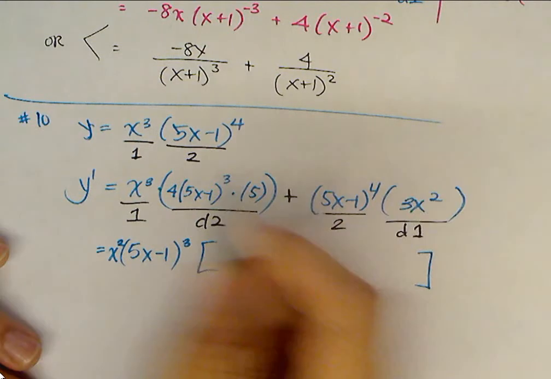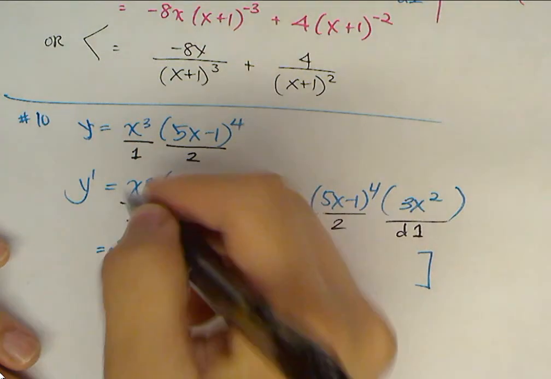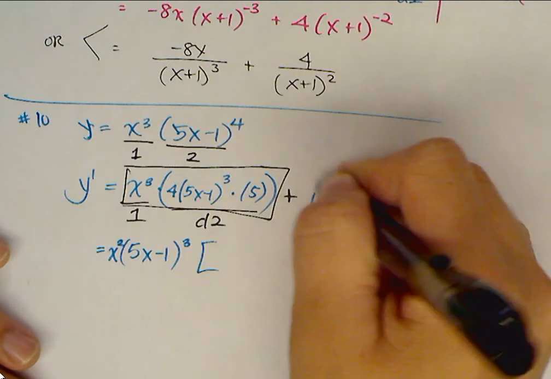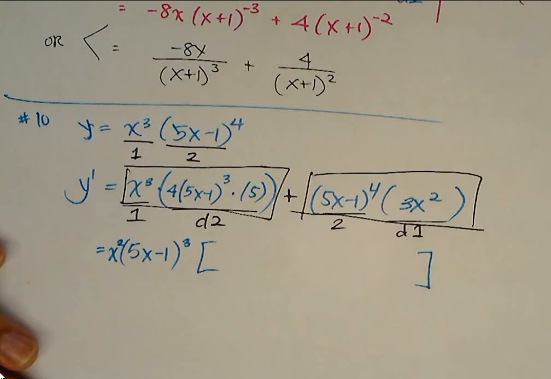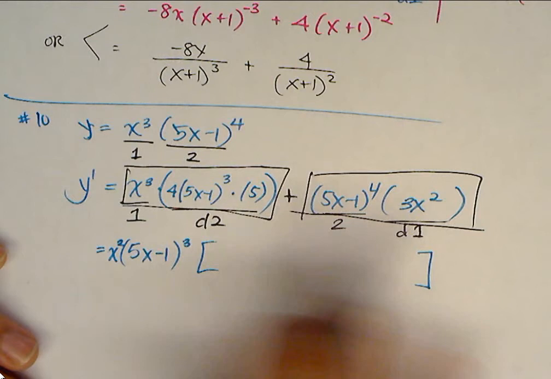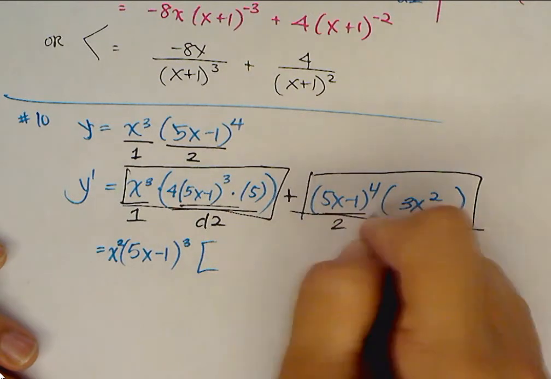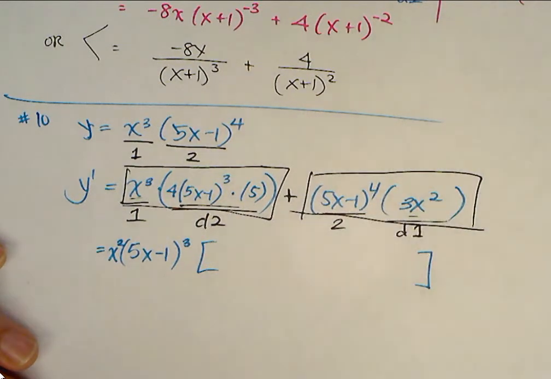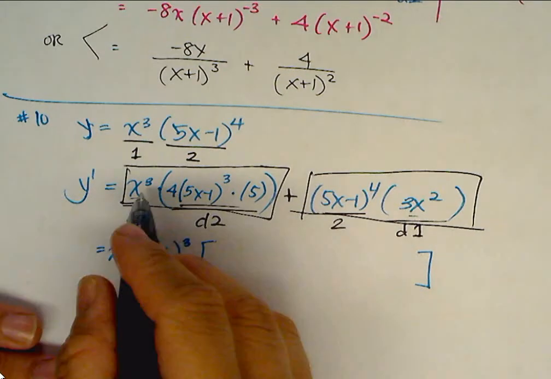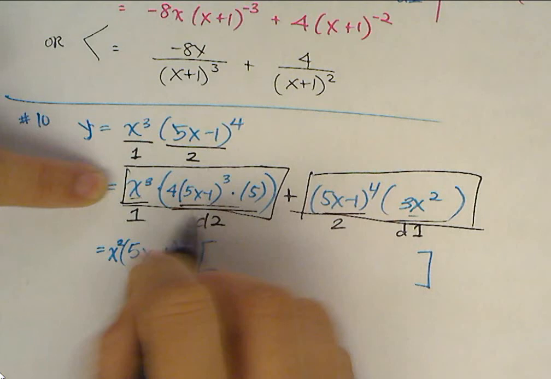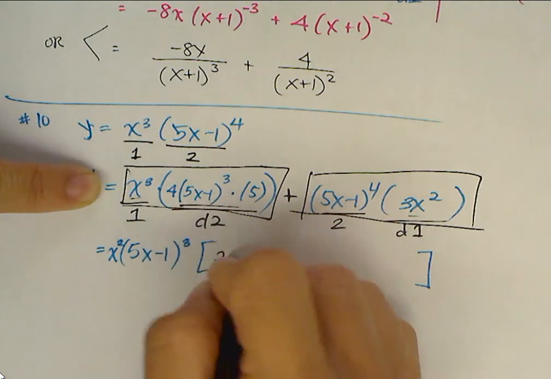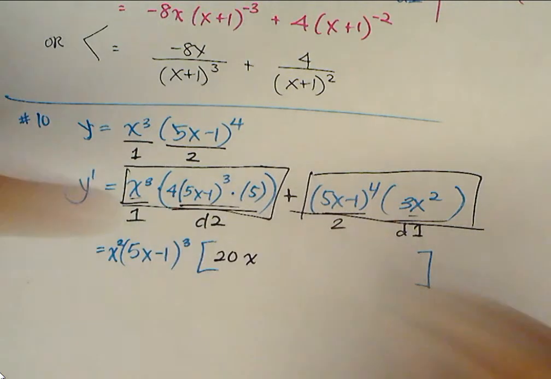Because look, on a big picture level, you now have a sum of products. You have this plus this, but these both have 5x minus 1s, and these both have x's. So if I factor out the x squared from here, I'm left with 1x. Well, we have 20 here, so I'm left with 20x and no 5x minus 1s.